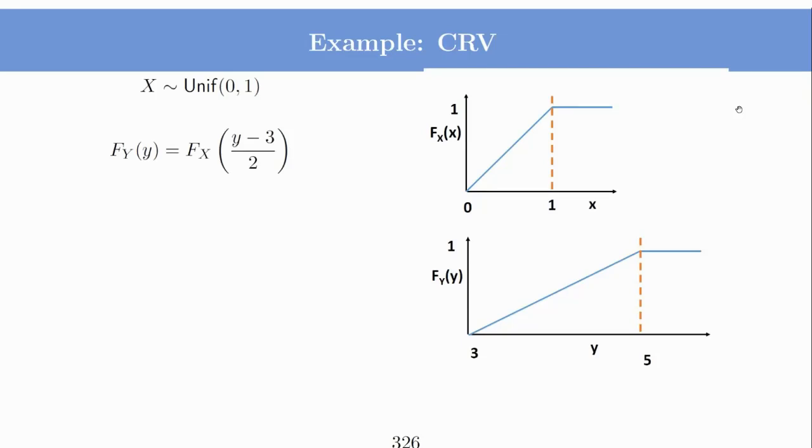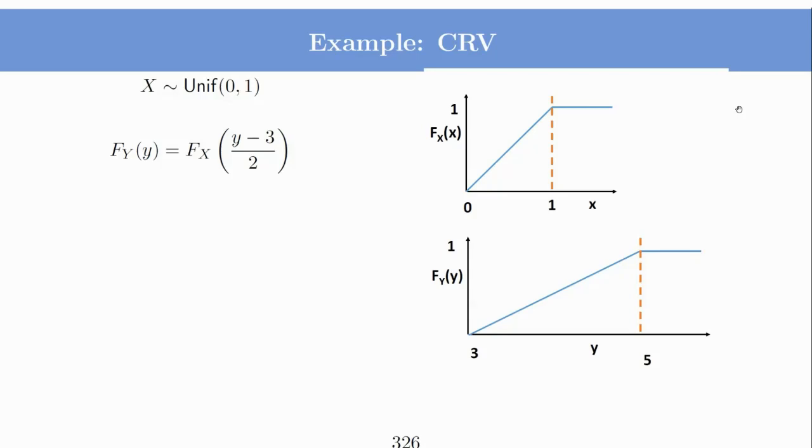So if X is a uniform random variable between 0 and 1, its CDF is given by this. We know the CDF before 0 would be 0, and after 1 it will be 1. Between 0 and 1, the CDF increases linearly as x. The CDF of Y would be the CDF of X evaluated at (y minus 3)/2.